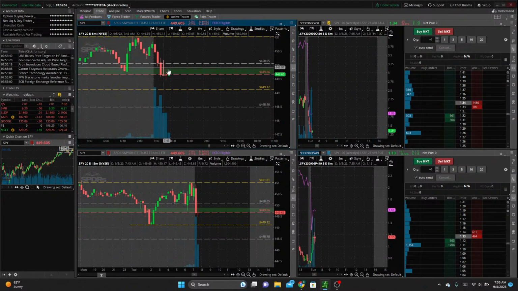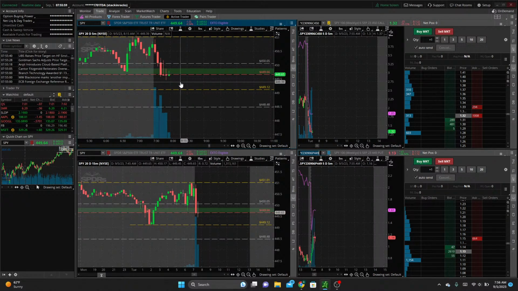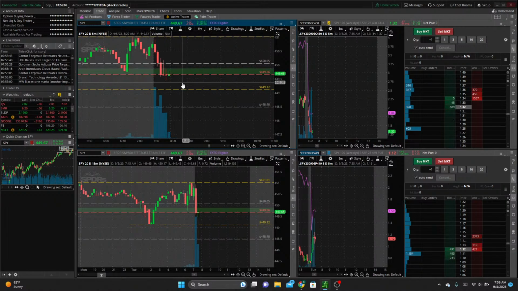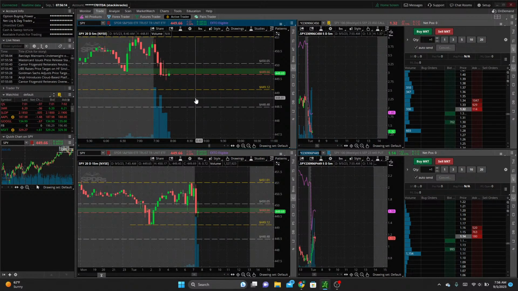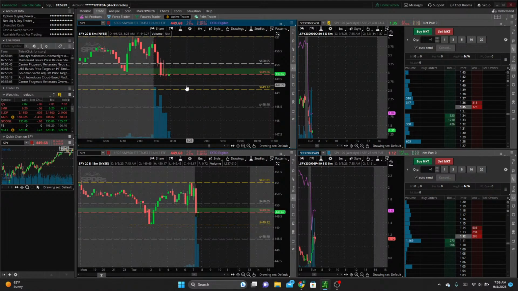And with data, for what it's worth, coming out in a couple minutes, normally this would be a situation where I'd look for puts and continuation to the downside. But I am a little hesitant to take that right now.